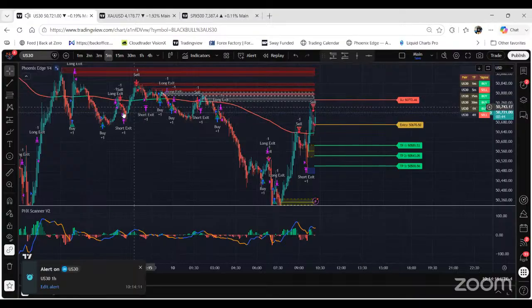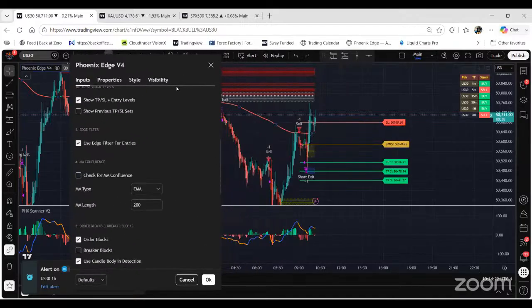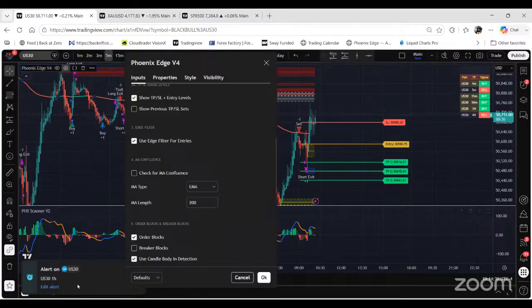Yeah, make sure your edge filter is turned on. And as everybody could hear, obviously a little cha-ching because US 30 hit TP.